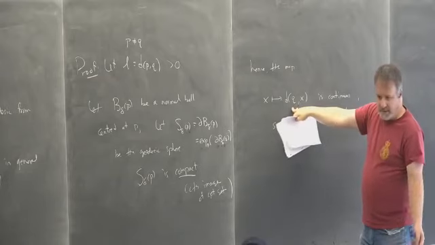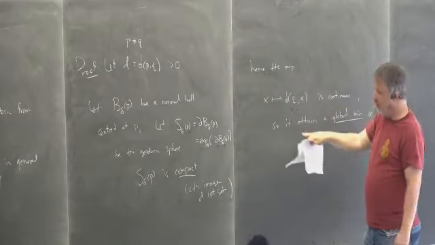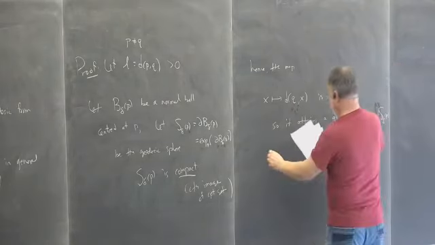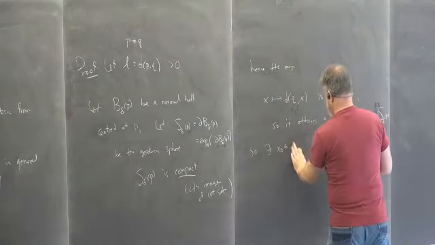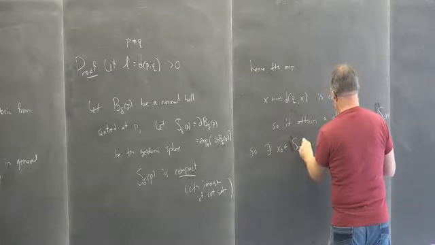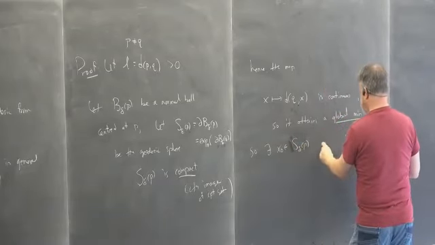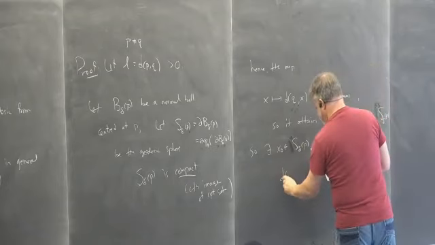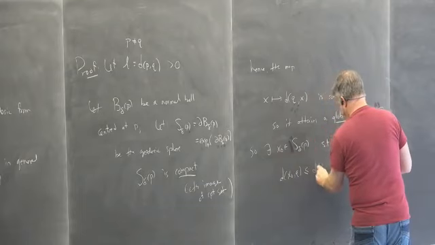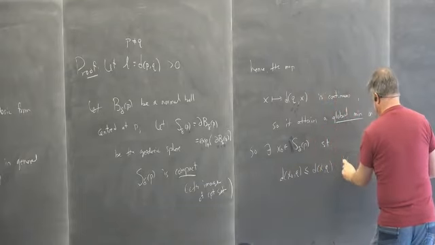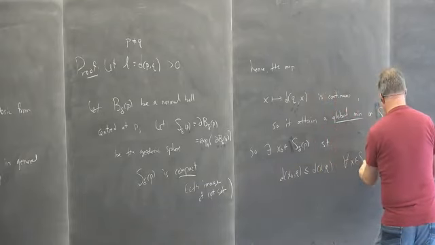And if I restrict a continuous function to a compact set, it attains a global min. So there exists some x_0 in this geodesic sphere such that the distance from x_0 to Q is less than or equal to the distance from x to Q for all x in this sphere.